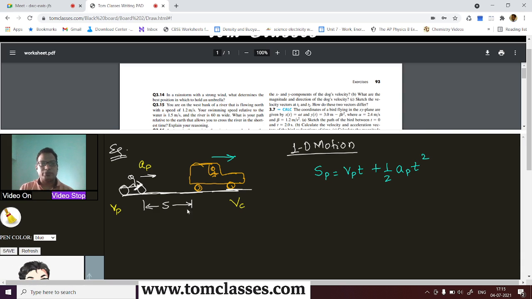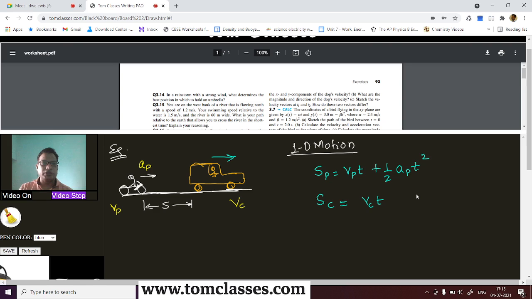After some time the policeman is able to catch up to this speed. And the distance covered by the culprit is going to be vc into t.